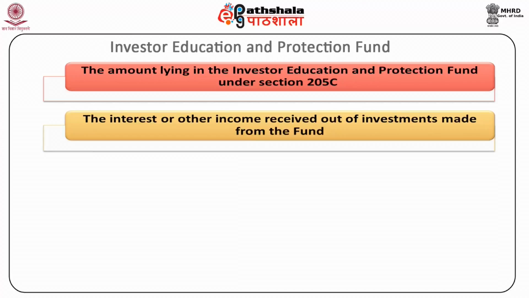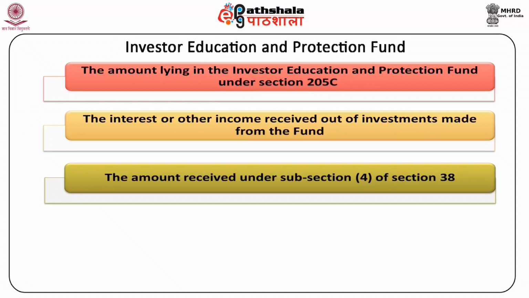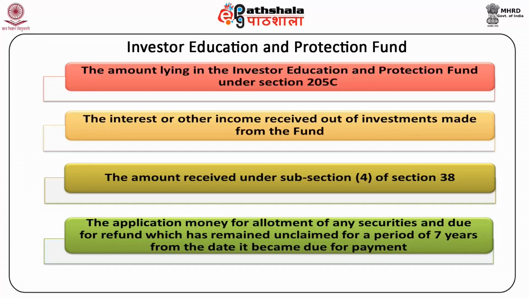F. The interest or other income received out of the investments made from the fund. G. The amount received under subsection 4 of section 38. H. The application money received by companies for allotment of any securities and due for refund which has remained unclaimed for a period of 7 years from the date it became due for payment.